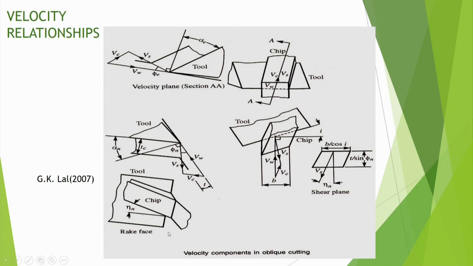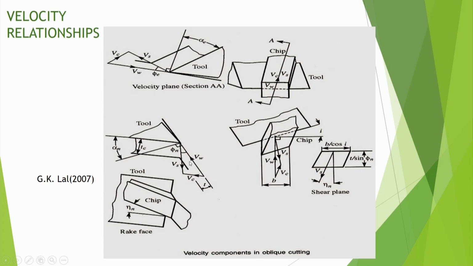This is the rake face, and they are illustrating eta n, the chip flow on the normal plane, and this is alpha n, the normal rake angle.